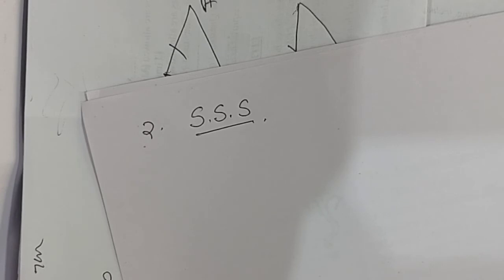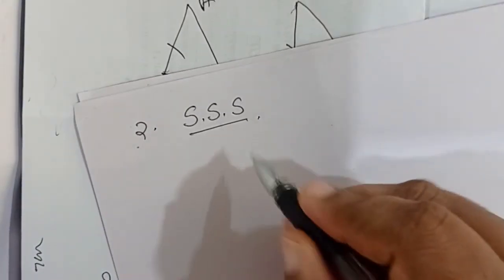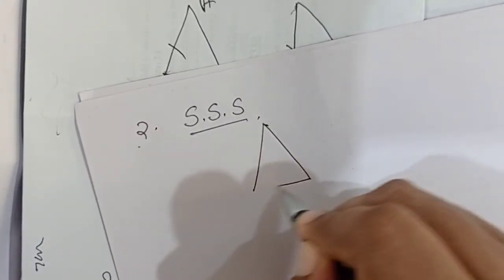If three sides of one triangle are equal to the corresponding three sides of the other triangle, then the triangles are congruent.